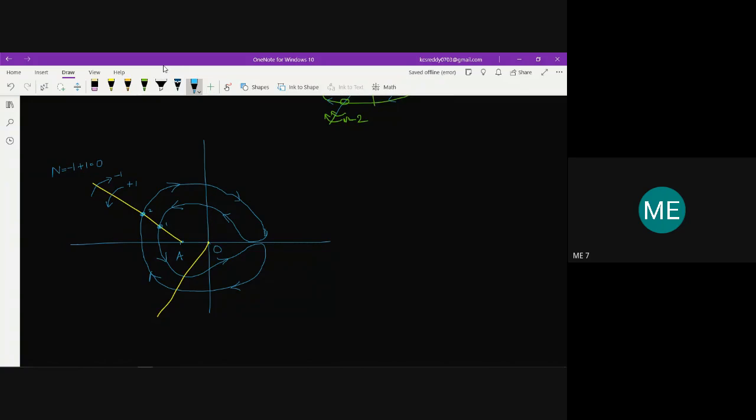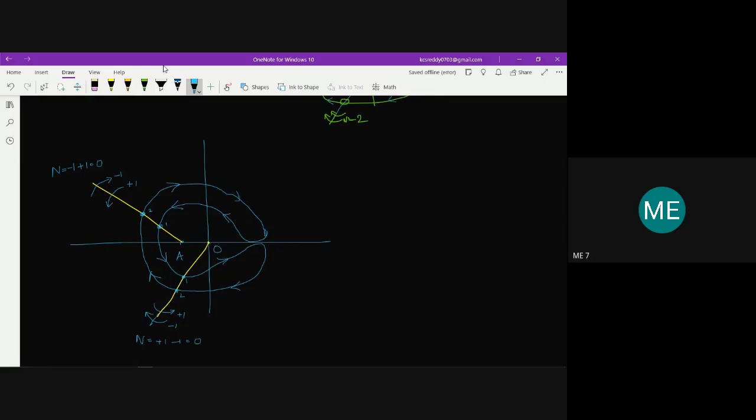So there is no encirclement of point A with this closed path. Similarly for point O, this point and this point, say this is 1 and this is 2. That is an anti-clockwise direction, that is +1, and the second point is in a clockwise direction, so this will become -1. So the number of encirclements will become +1 -1, which is equal to 0. So both points are not encircled.